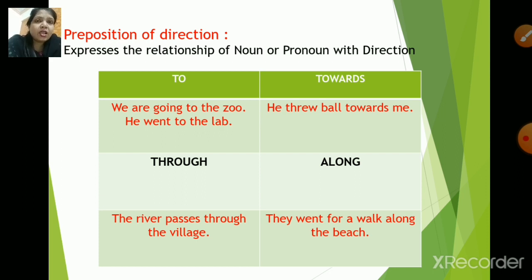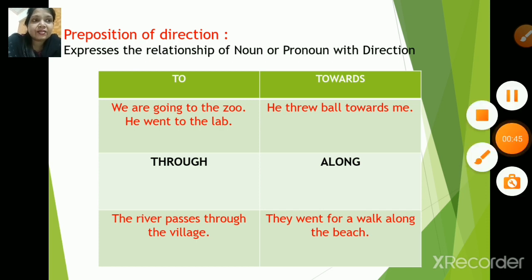Towards means something is coming towards. He threw the ball towards me. Through: the river passes through the village. Next, along. They went for a walk along the beach. So these are a few examples for showing the directions.